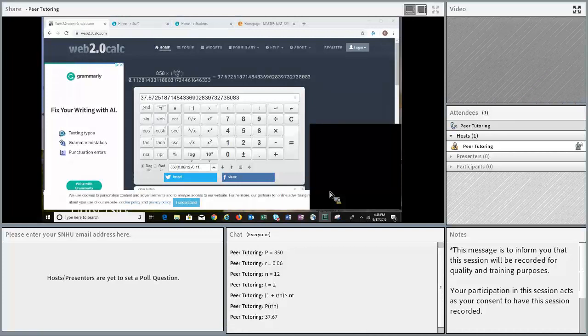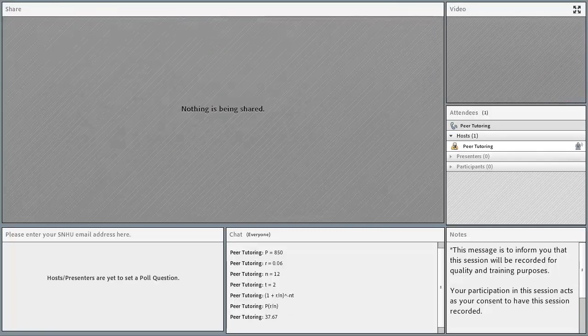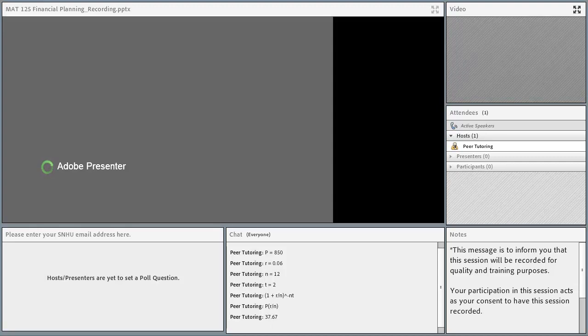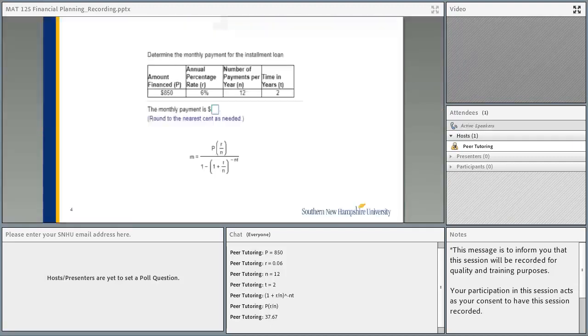And you can check to see if this makes sense. If we go back to the original problem, I'm going to take us back there. Just a moment. Let me stop sharing and take us back. So our $37.67, let's think about it for a minute. So we have a monthly payment.